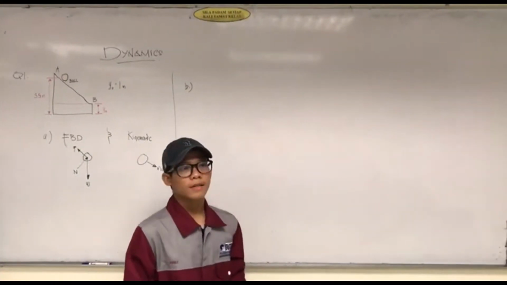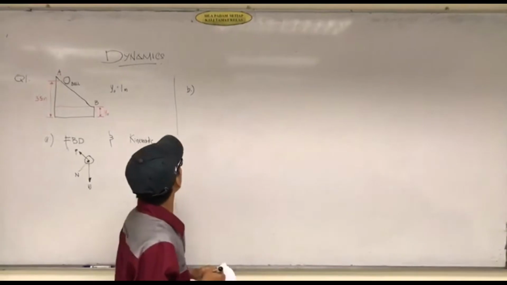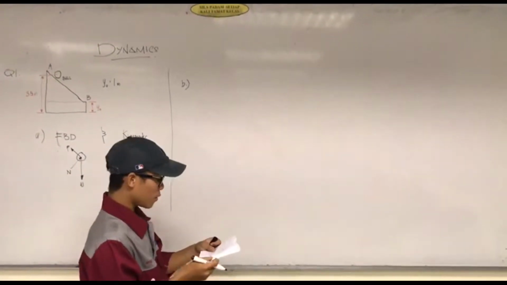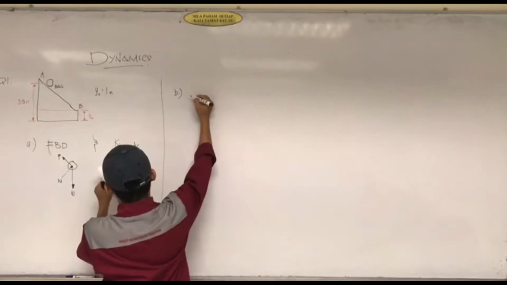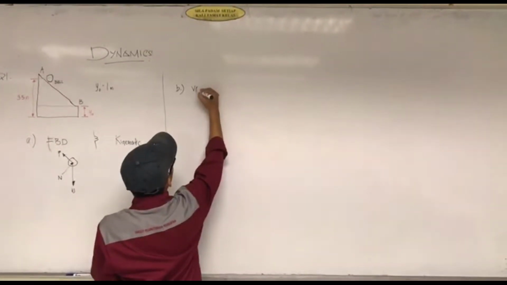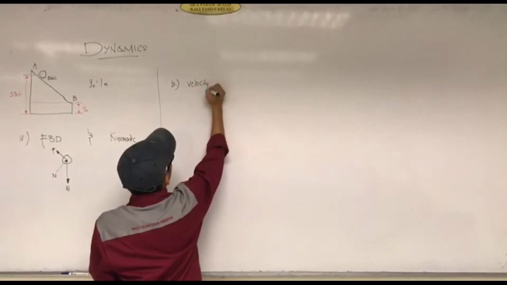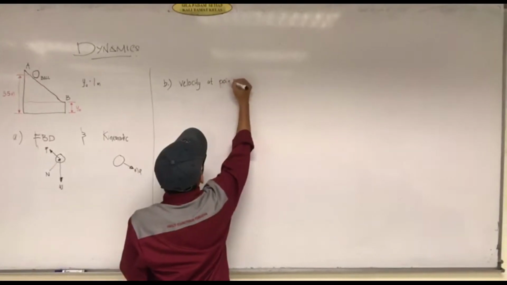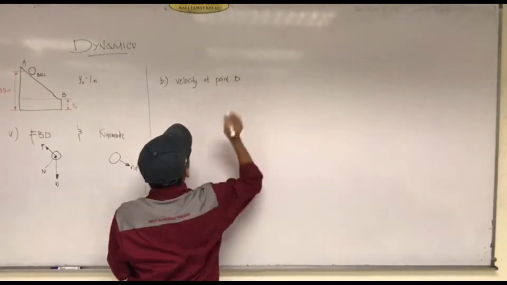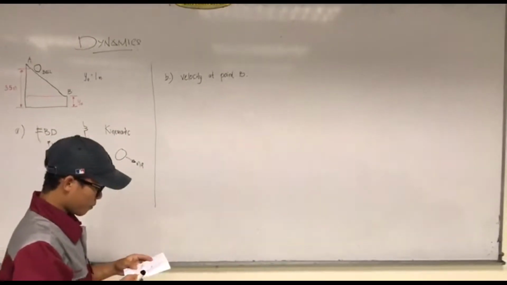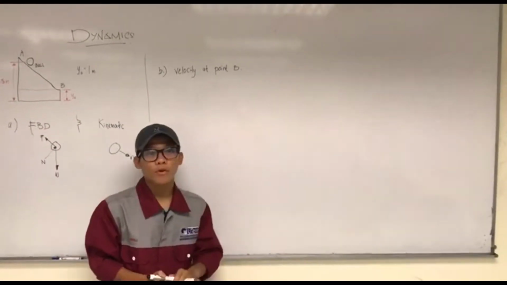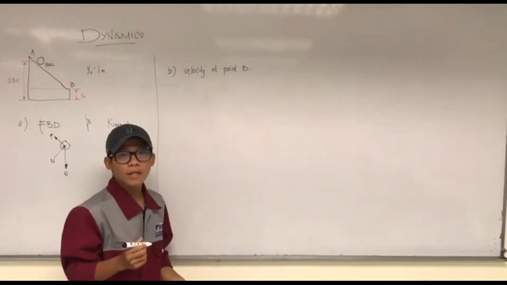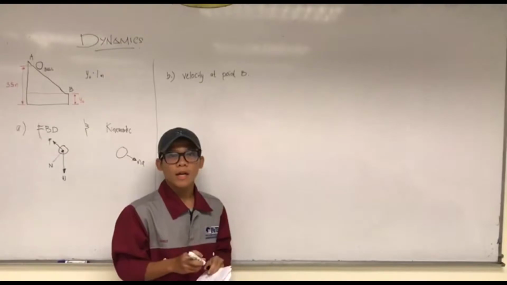Okay, next we go through to the B question. So the B question need to know the velocity at point B. So as we know, the velocity uses a formula that is given.